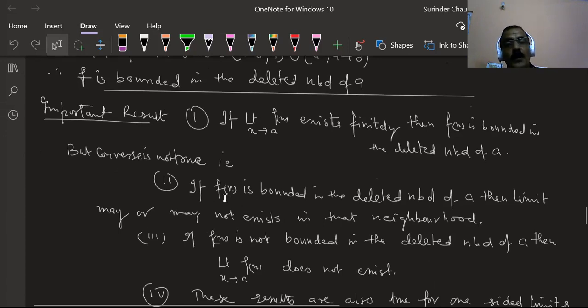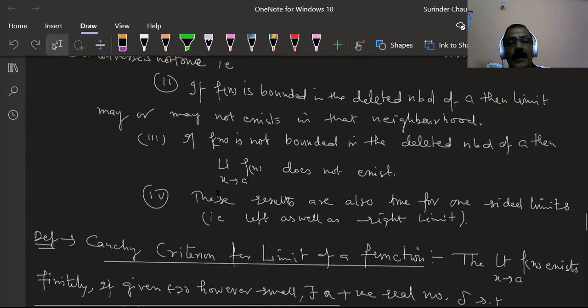But it is not necessary that if the function is bounded in a deleted neighborhood of a, the limit exists. Next, if f(x) is not bounded in a deleted neighborhood of a, then the limit at that point does not exist. These results are also true for one-sided limits, left limit as well as right limit.